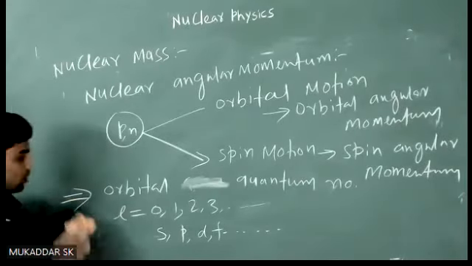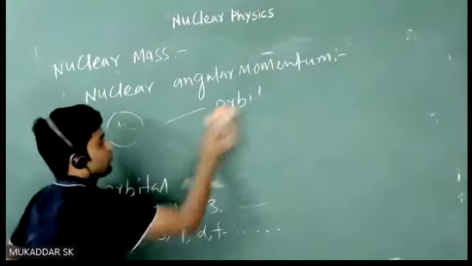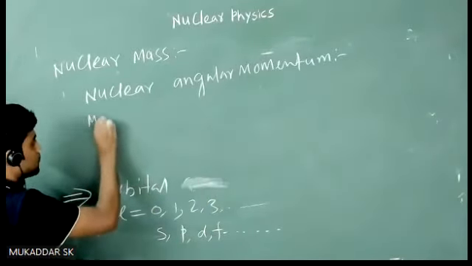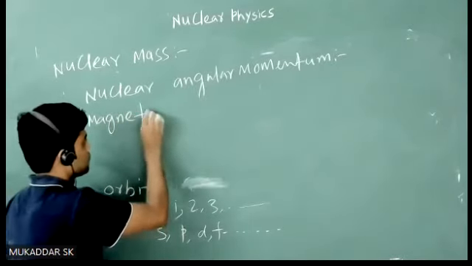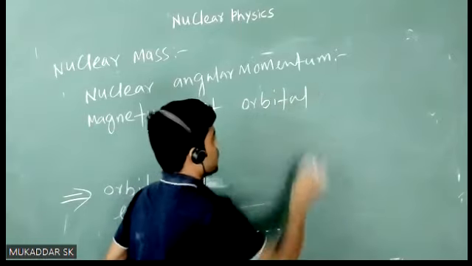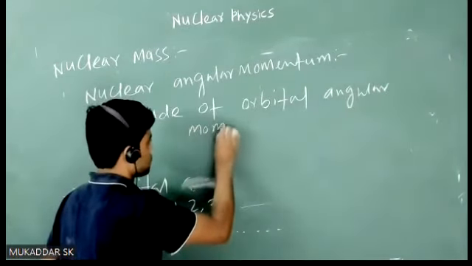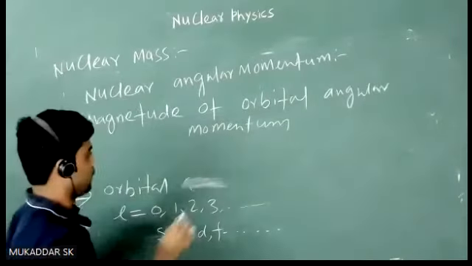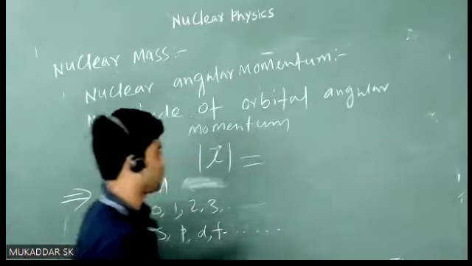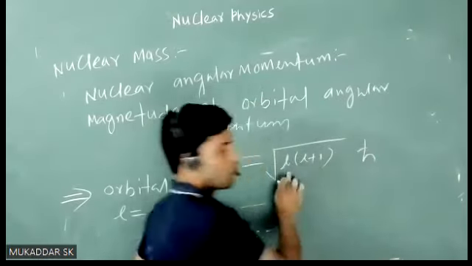Now, this is your quantum number. The magnitude of the orbital angular momentum, denoted by the vector l, you know from quantum mechanics, will be the square root of l(l+1) times h cross, where l is the orbital quantum number.